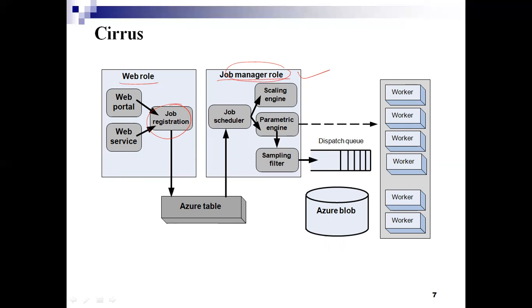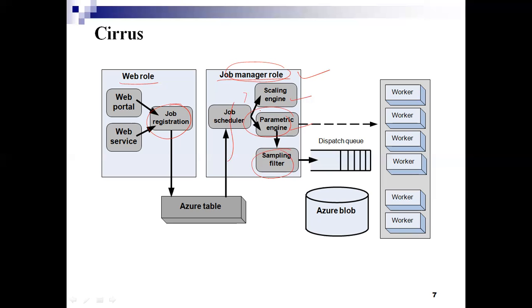Then the parametric engine starts exploring the parameter space. If this is a test run, the parameter sweeping result is sent to the sampling filter. So this is the flow that is going to take place.